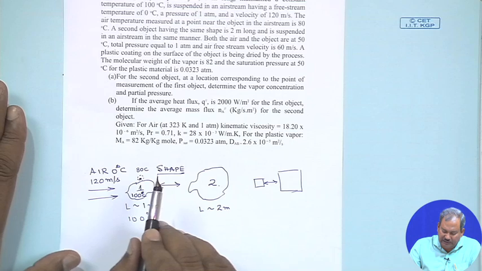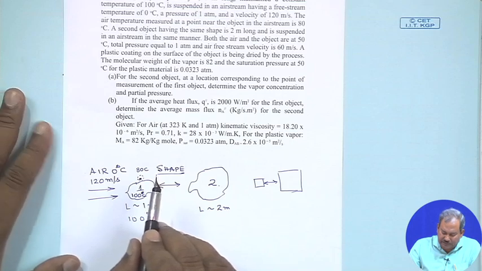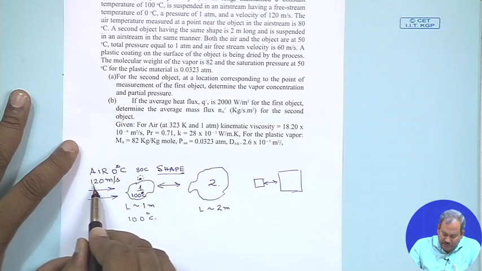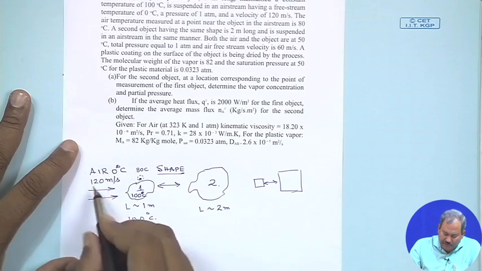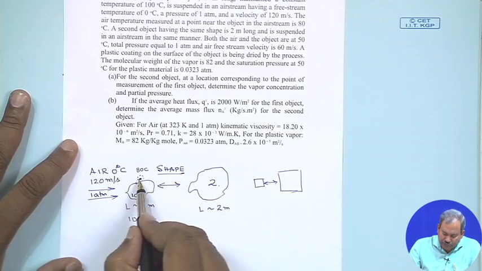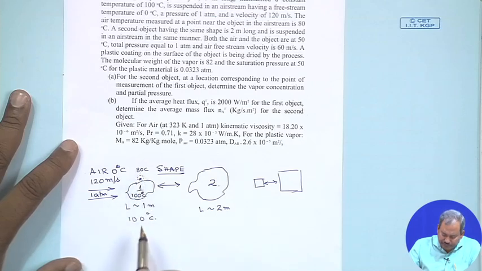That is the only experimental information that you have, and you know that the air is coming at 120 meter per second, its pressure is 1 atmosphere and so on. So, you have measured the temperature at a point and found it to be 80 degrees centigrade.